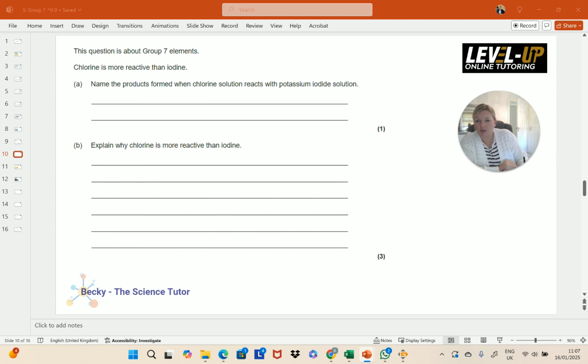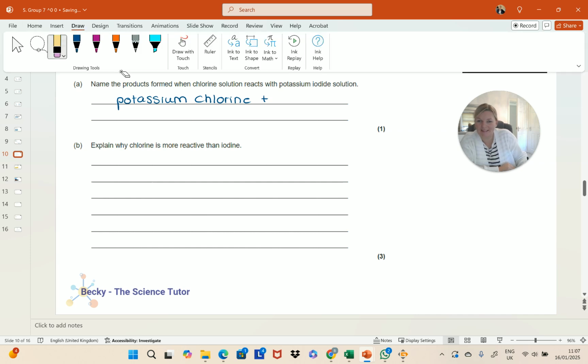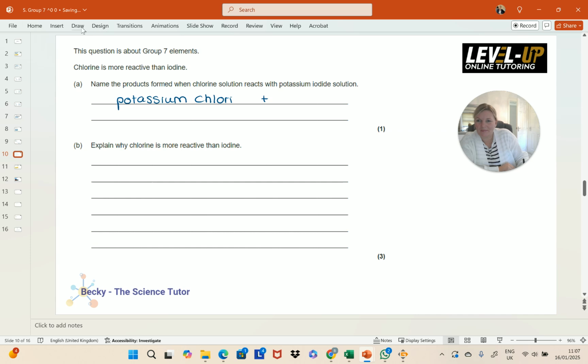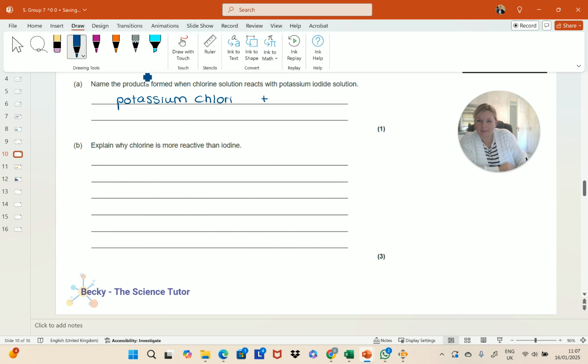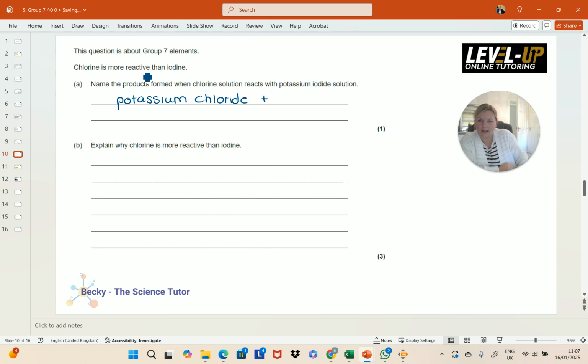So we're going to have potassium chloride. And iodine is going to be displaced. Oops, let me change that because that should be chloride. That's because I was thinking ahead. Chloride and iodine, it will now be on its own because it's been displaced.